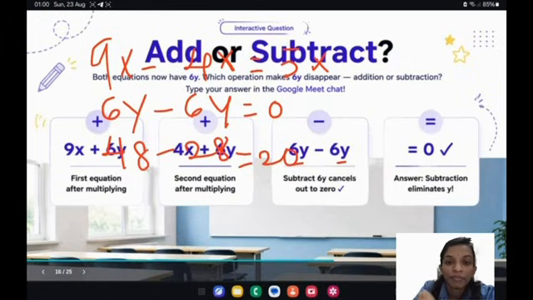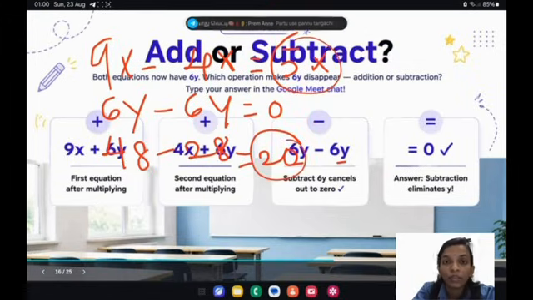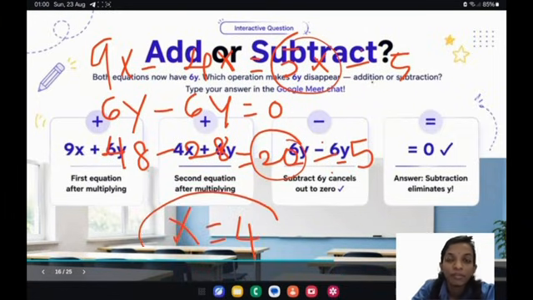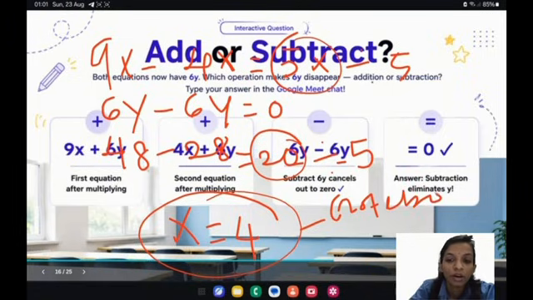So we have 5x equals 20. Now divide both sides by 5. So it becomes x equals 4. So finally, we found the price of the notebook. So this is the price of one notebook.